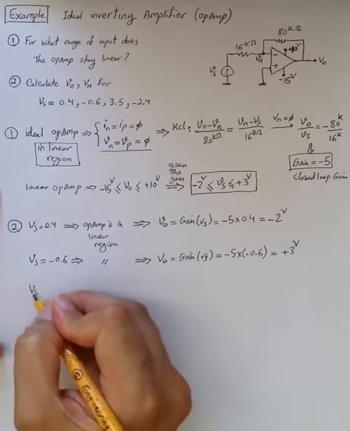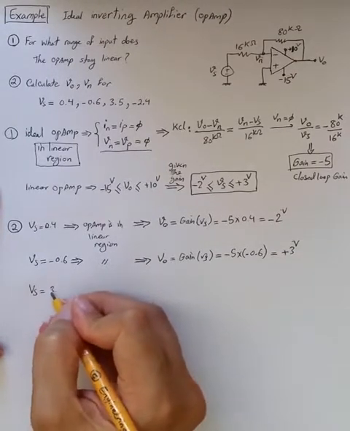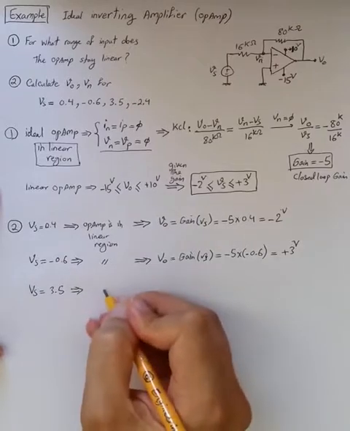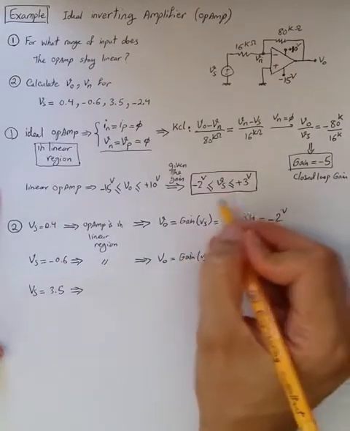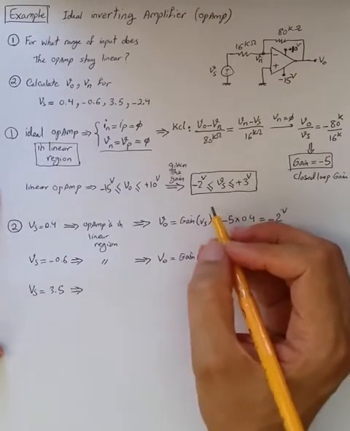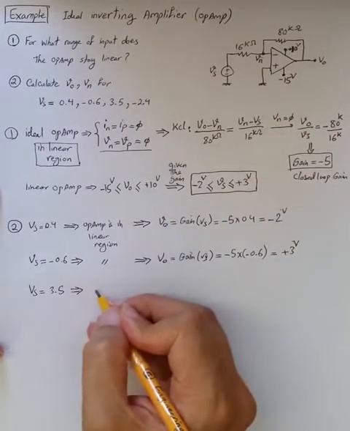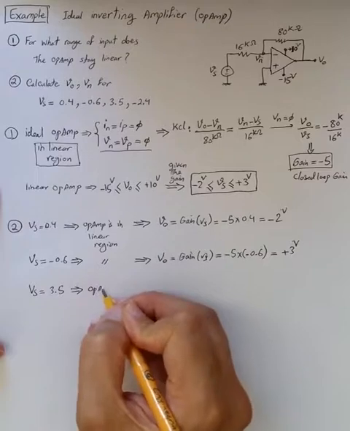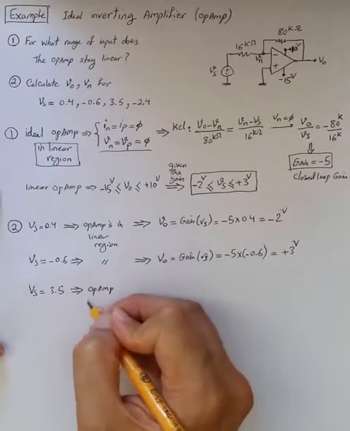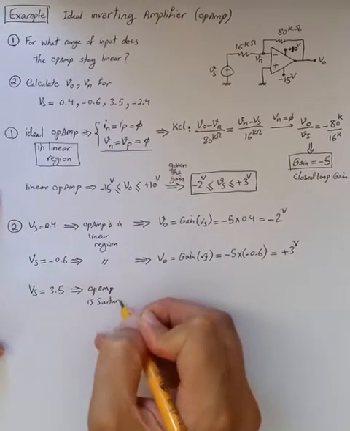Now when Vs is 3.5, it is beyond the range that is acceptable for the input if we want the op-amp to stay in the linear region of operation. So we see that the op-amp will be saturated.